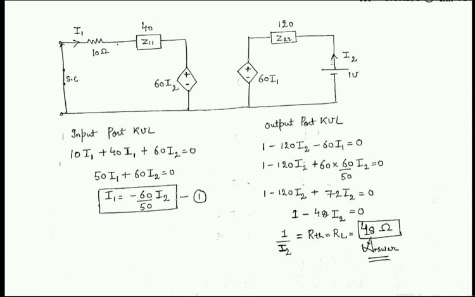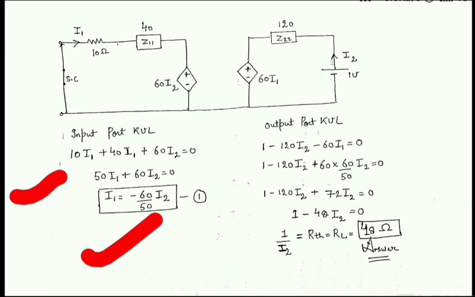So here is the KVL equation for the input port, that is 10I1 plus 40I1 plus 60I2, and from this I have calculated the value of I1, so that I can place this value of I1 in the equation of output port and get an equation in terms of voltage and I2 current only. So this is the equation for the input port.